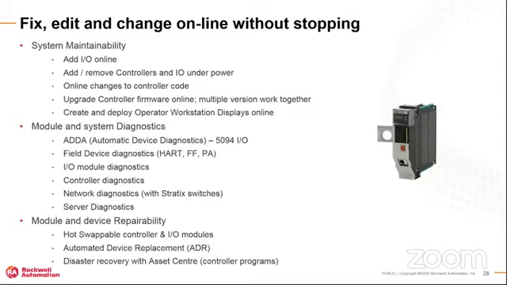We have that in the release notes on being able to update the firmware and the controller code for a redundant ControlLogix system. There is a method where you have to break redundancy from your primary and secondary, but there is a method of doing that without having to bring down your system. If you haven't seen that, it's part of the knowledge base articles and also the release notes.